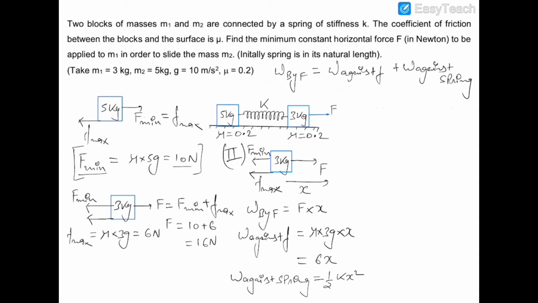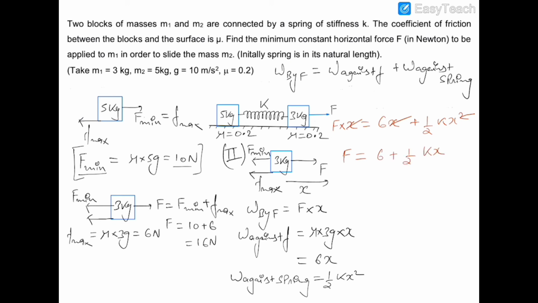Now work done by F will be F into x, and work done against friction is 6x, plus work done against spring will be half kx square. Now cancelling x from all the terms, F will be equal to 6 plus half kx.